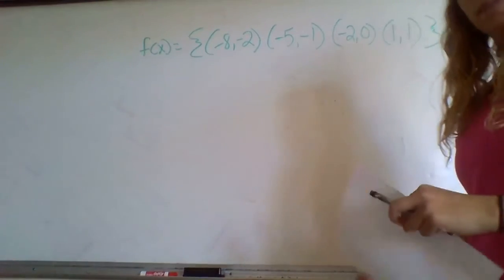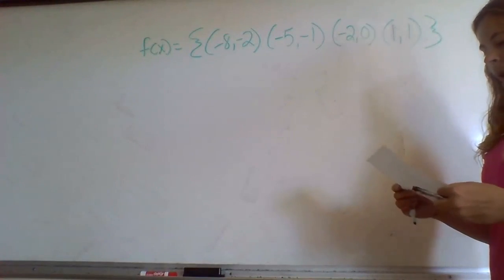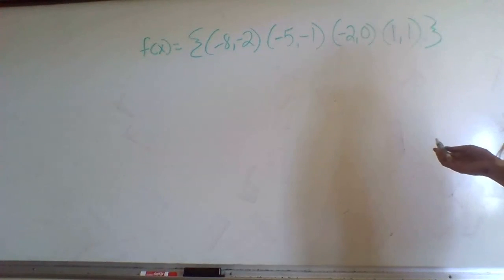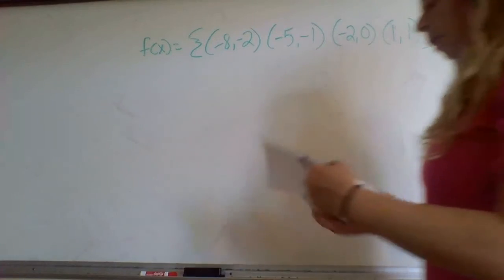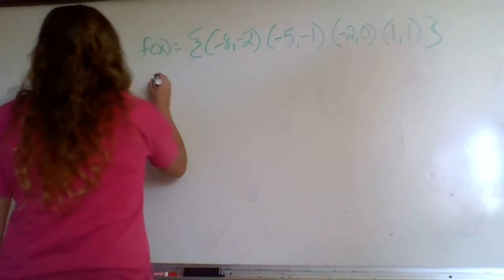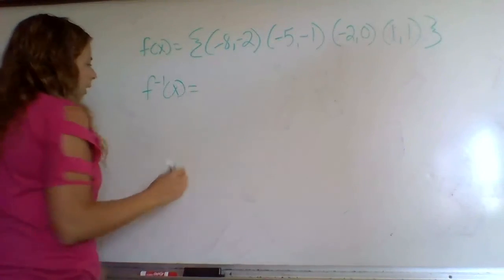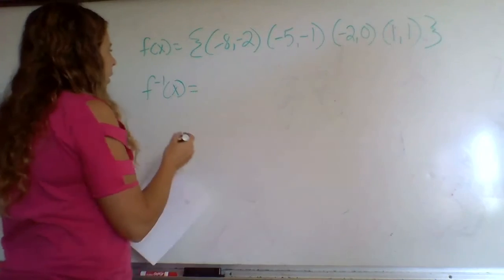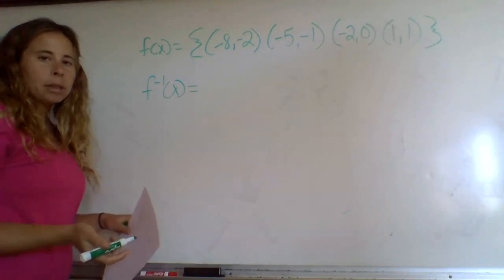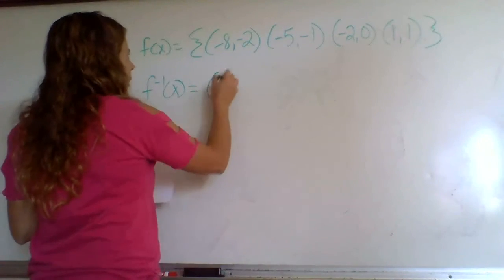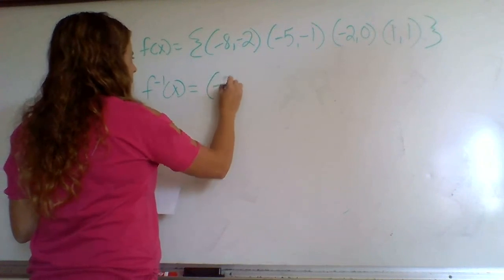Number 11, nope. Oh, I have two number 11s. Well, the first number 11 is you're given this, and you have to write the inverse. But I just want you to list the points. So when you're doing the inverse, you switch your x and your y values. So this becomes -2, -8.